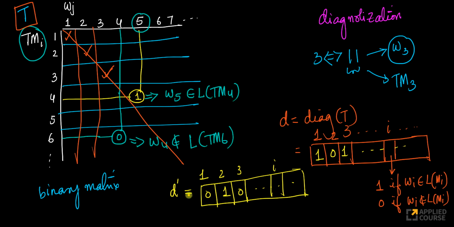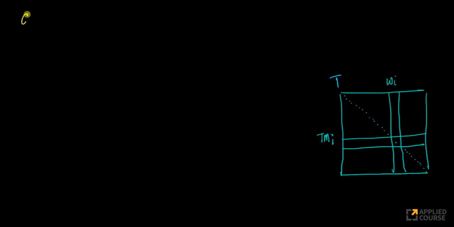Now I'll use this. Let me write what D dash is exactly. D dash is also a vector. If you look at the vector itself, it has indices 1, 2, so on and so forth. What does the ith index here basically mean?